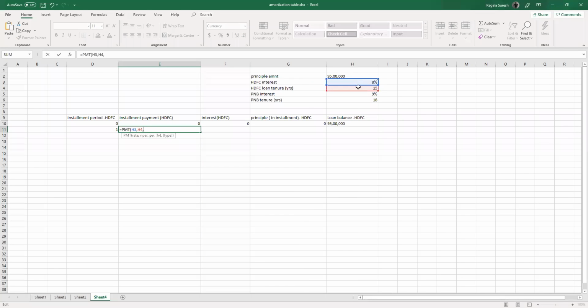Number of rate and number of periods. Present value.